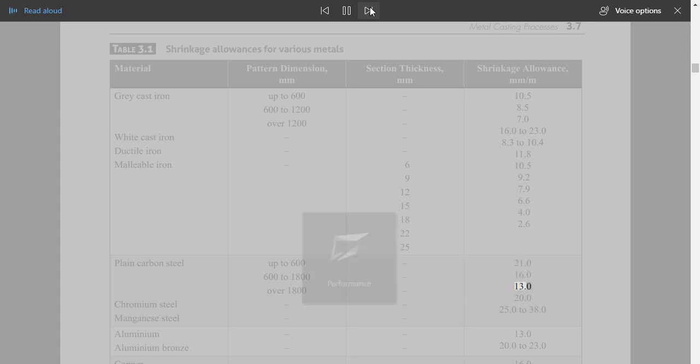$21.0, 16.0, 13.0, 20.0, 25.0 to 38.0. Aluminium bronze 13.0, 20.0 to 23.0.